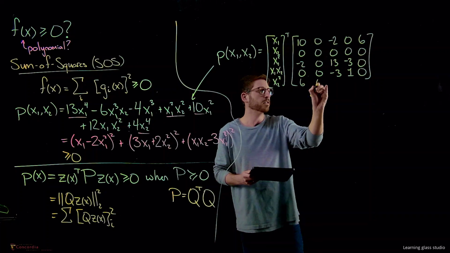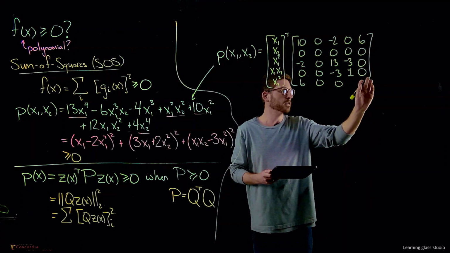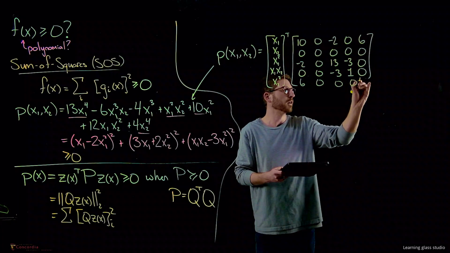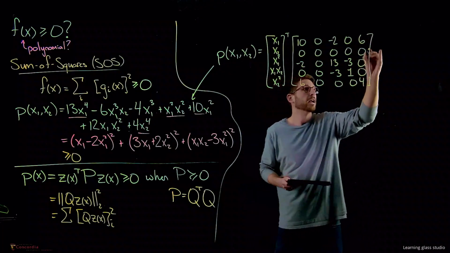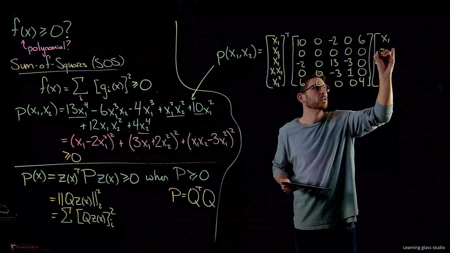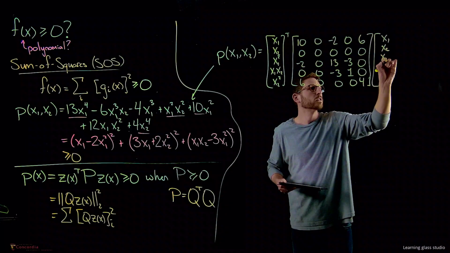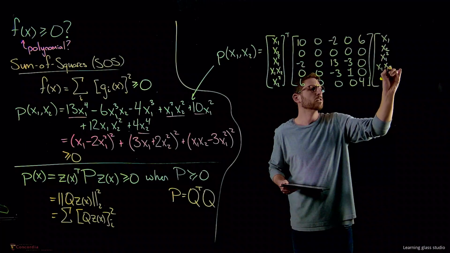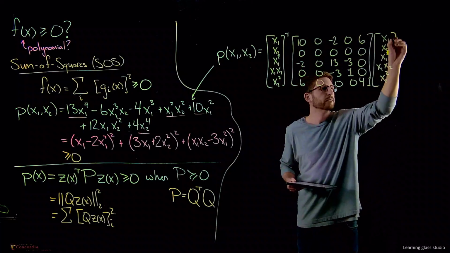Not very fun right now, just sort of copying numbers down, but I really want you to see this. So it's important that you understand what's happening here. And then my last vector of monomials, x1 squared, x1 x2, x2 squared.